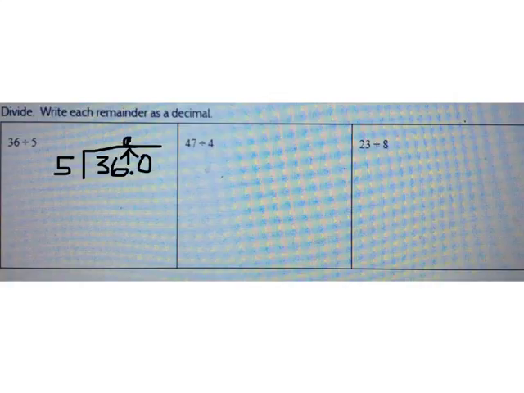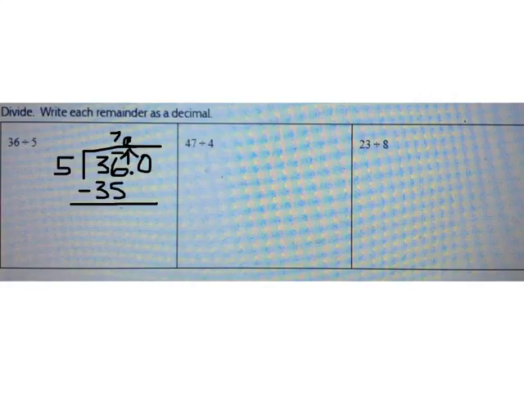Now I need to decide where I'm going to start dividing. Should I start with 3 tens, 36 ones, or 360 tenths? The largest place value that I can divide in is the ones place with 36 ones. How many times does 5 go into 36? 5 goes into 36 7 times. What's 7 times 5? It's 35.